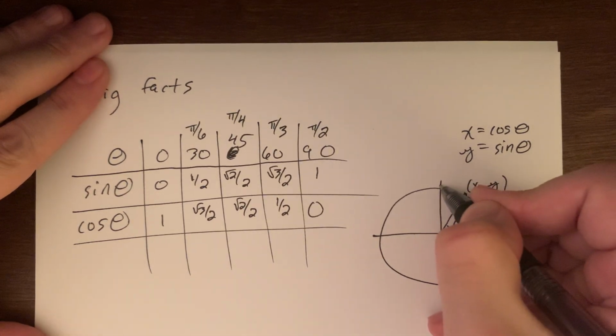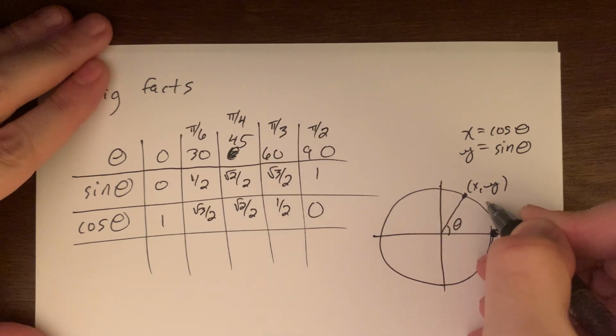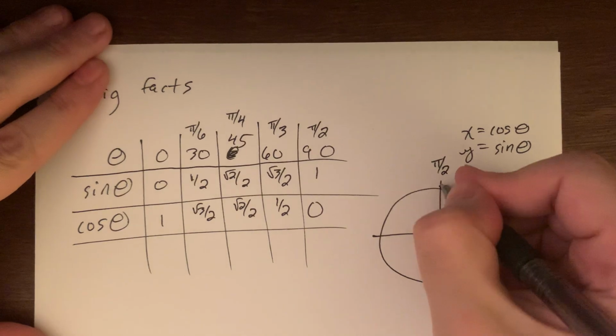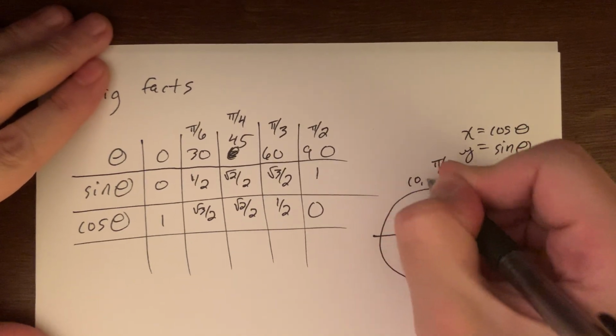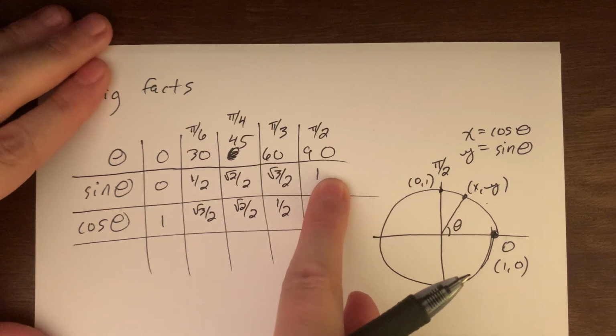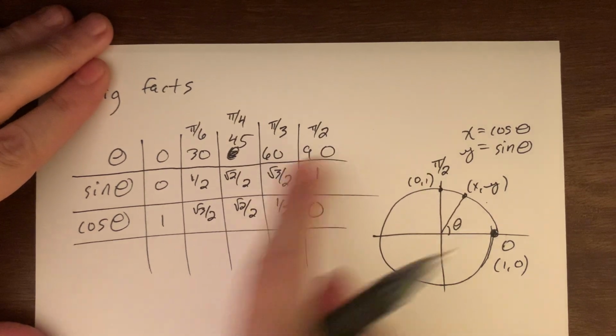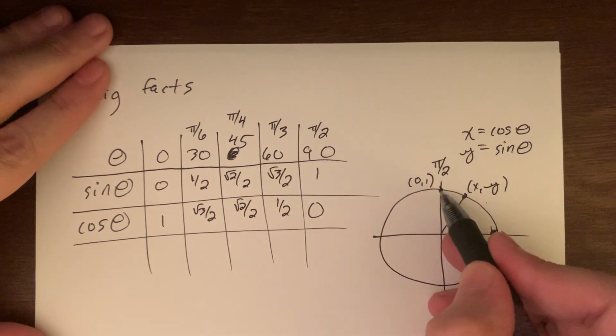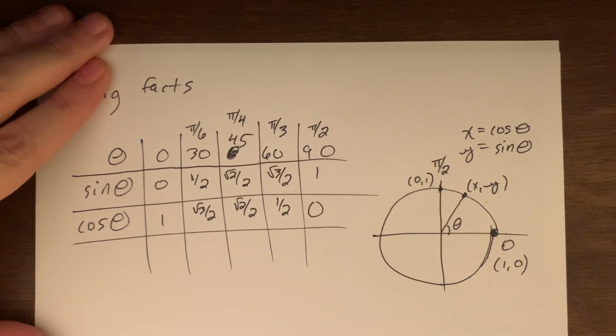We come up here. This is the boundary between quadrants 1 and 2. That's 90 or pi over 2, and that has an XY pair, 0, 1. And again, come over here. Hence, that's why sine is 1 at 90 and cosine is 0 at 90, because of this XY pair.